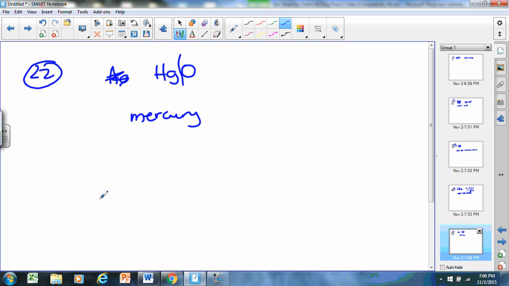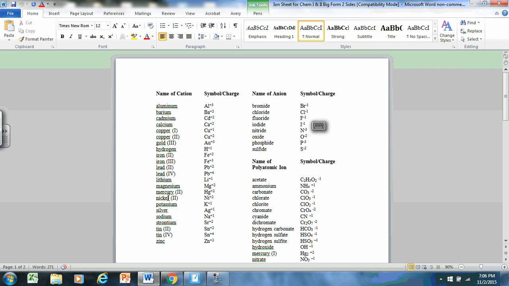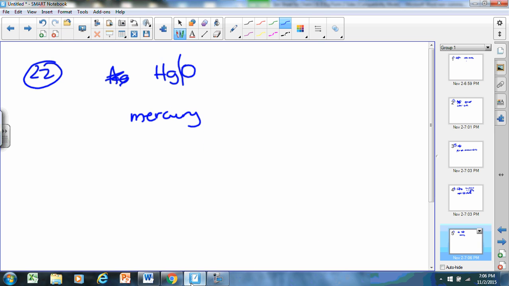If you come over here, it's hard to see, but sometimes mercury has a +2 charge, and sometimes mercury has a +1 charge. So if there's a Roman numeral on here, there has to be a Roman numeral in the name. And so we know that mercury is either going to have a +1 charge or a +2 charge, and then O is oxide.